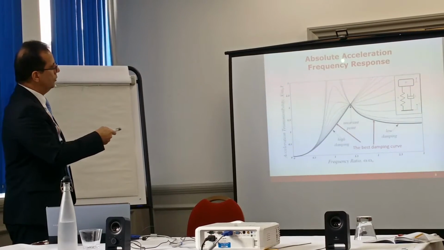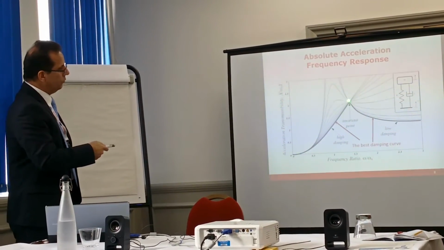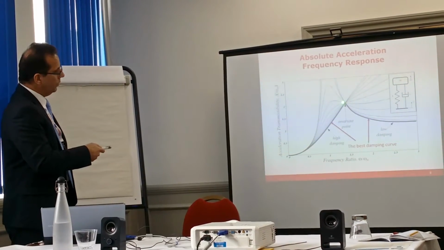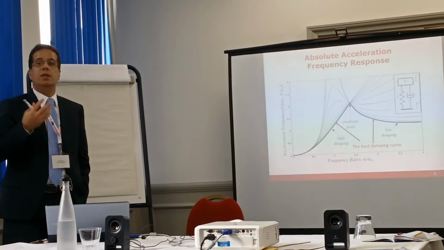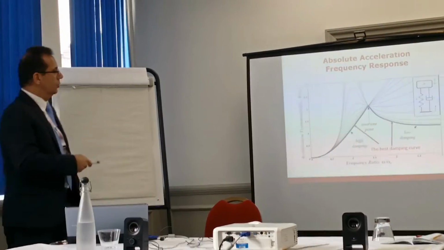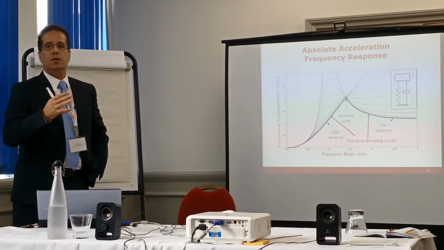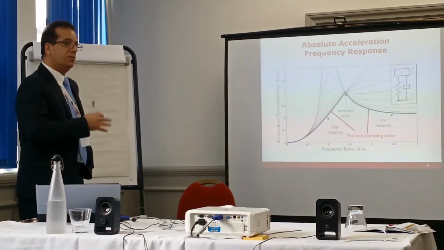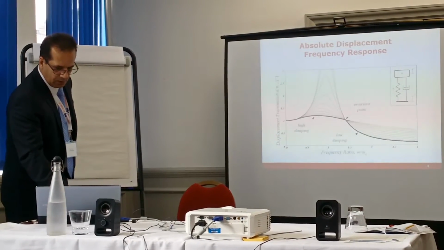Zero damping goes to infinity at natural frequency, as you know. And after the node, we need a very low damping. So we need the system to be smart enough to switch between very high damping and very low damping after a specific frequency of excitation. That's our requirement.